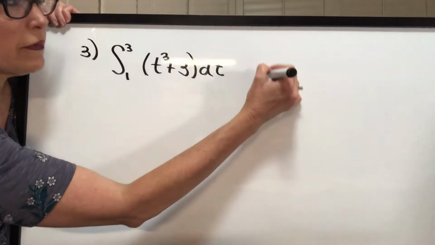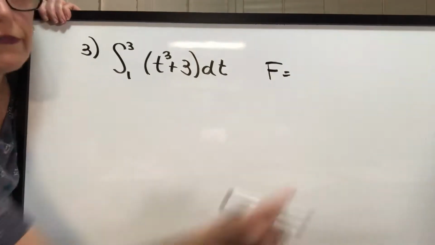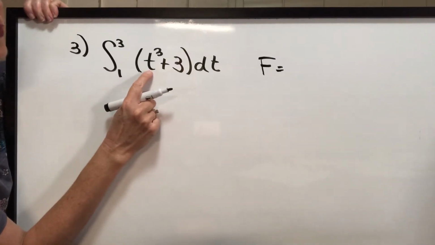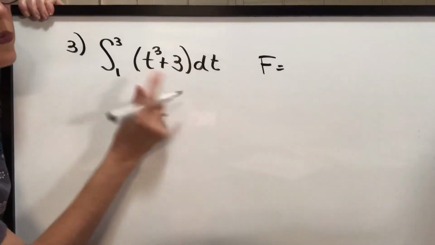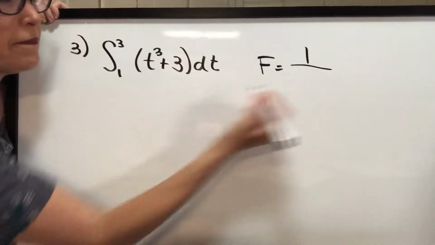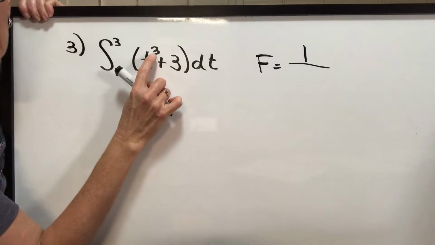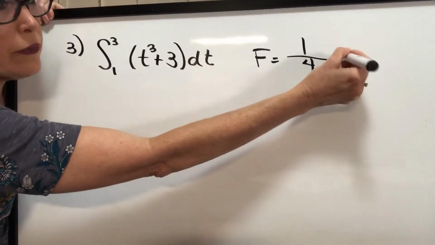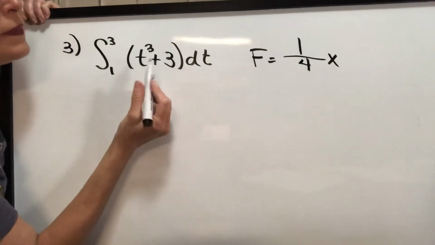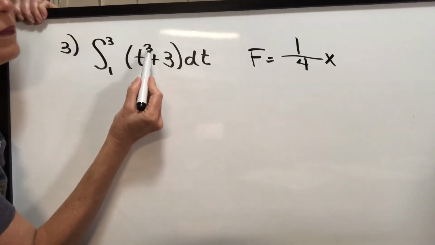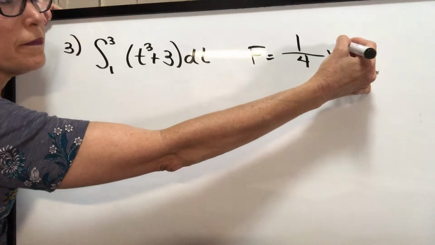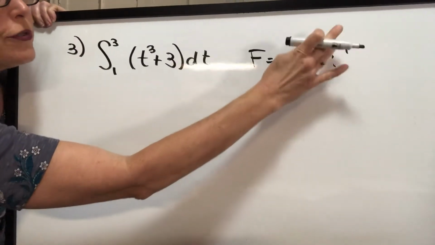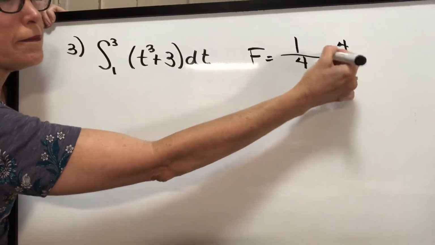So we're going to find the antiderivative first, capital F, and this is a polynomial, so we follow the same rule. It's going to be a fraction, 1 over whatever the exponent is, 3, plus 1, so that would be 4, and then the variable with the exponent 4. So t cubed becomes 1/4 t to the 4th.